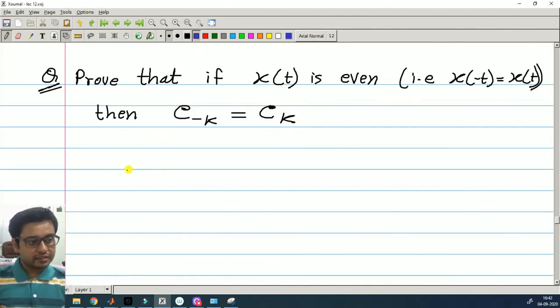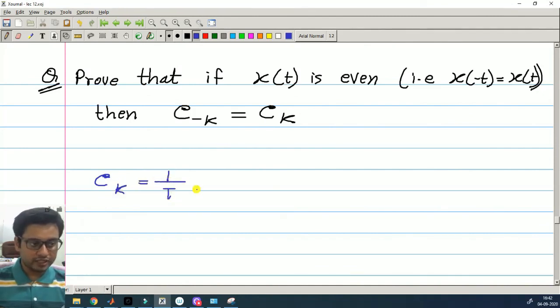To prove that, let us first write Ck equal to 1 over T integration x(t) e to the power minus j omega k t dt over a complete cycle. Any complete cycle, maybe we can take 0 to T.